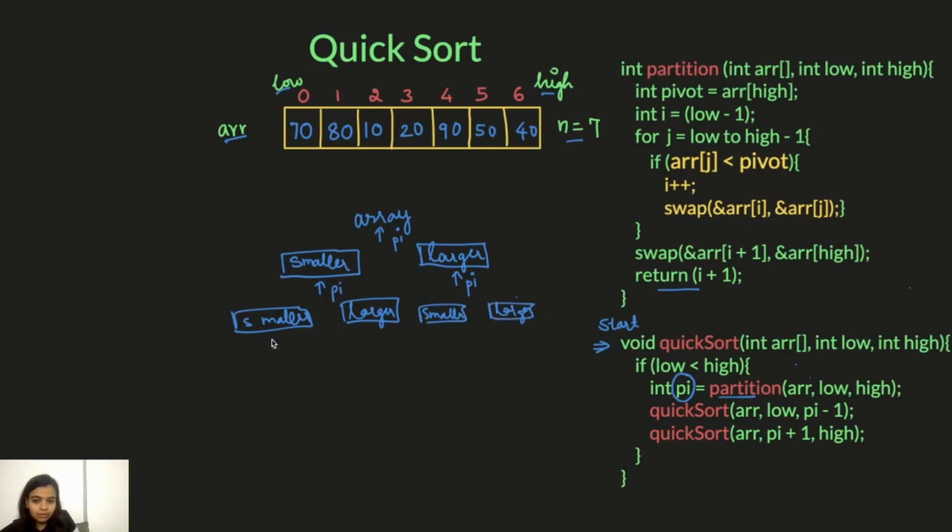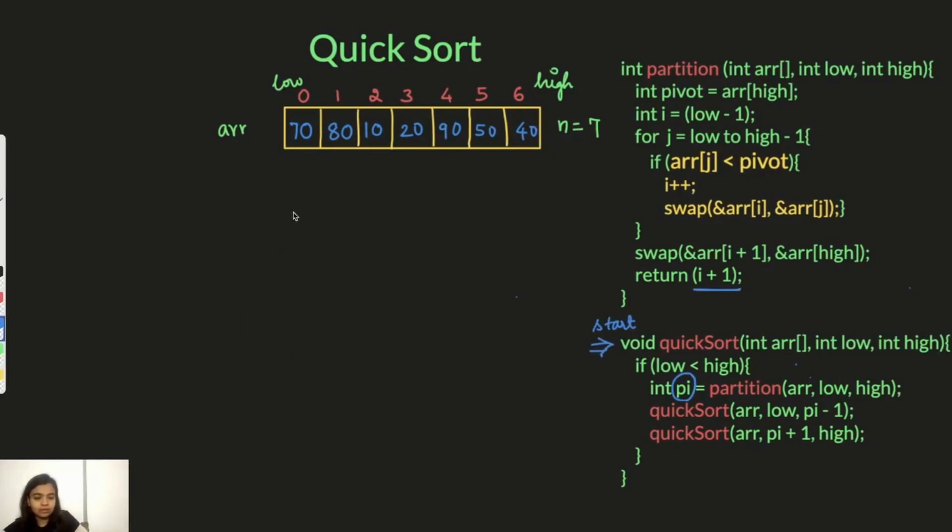Again for these two we will assign a pivot. We keep continuing this process and at one point the entire array will be sorted. So this is how quicksort works overall. It is a divide and conquer algorithm. For this particular example, we will be considering the initial pivot to be the last element.